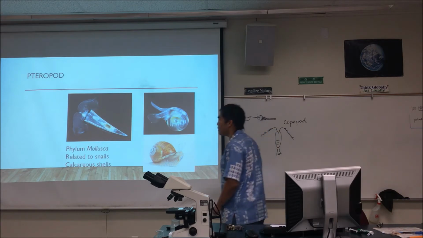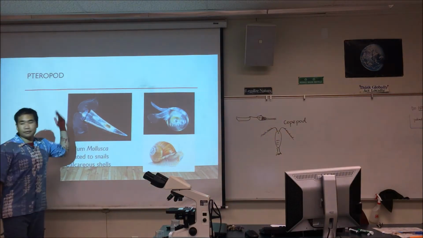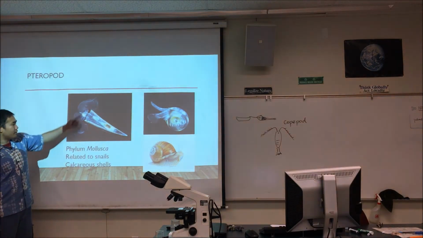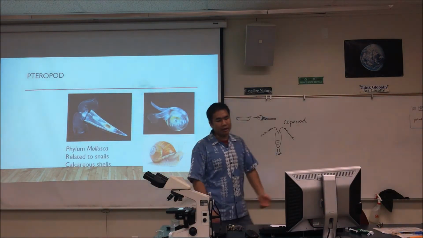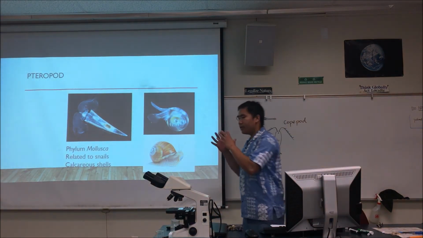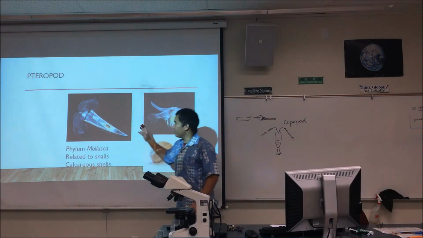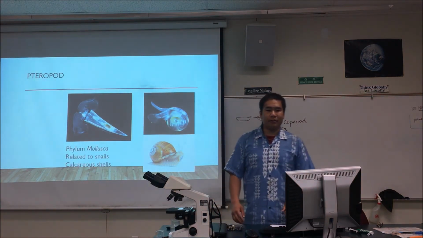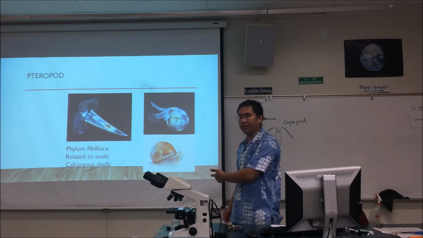Pteropods, right? Ptero means wing, like pterodactyl, right? And pod means foot because mollusks have a foot. So see, here's their foot. It's coming out kind of shaped like a wing, right? Two wings, pteropods. And this general shape of a creature is also considered a veliger, but a veliger is usually referring to something that turns into an adult snail, which these guys don't, right?